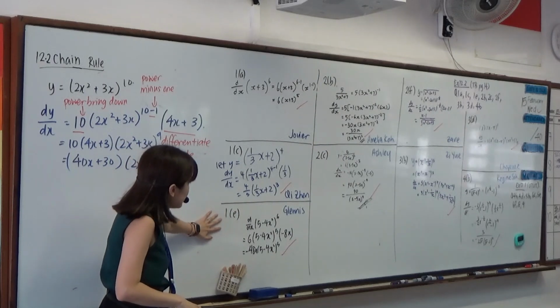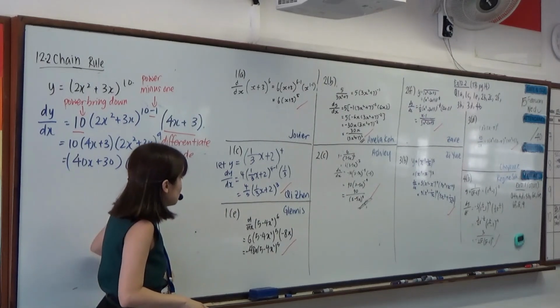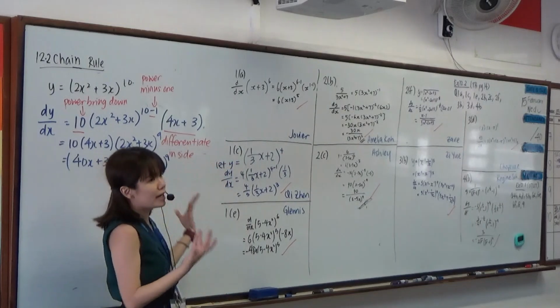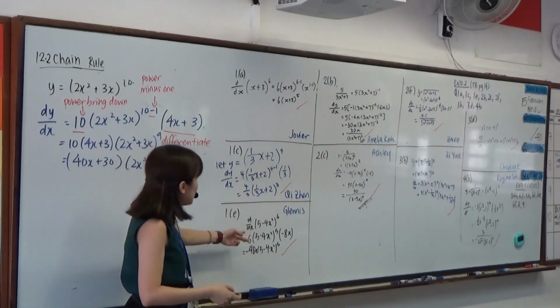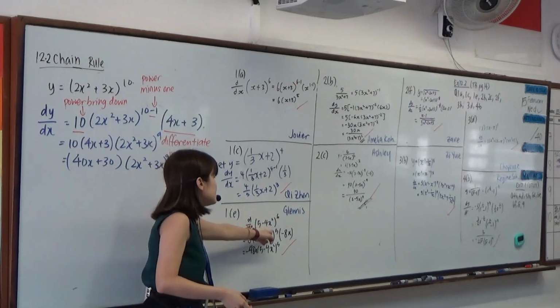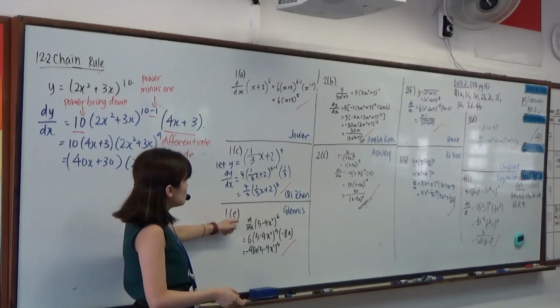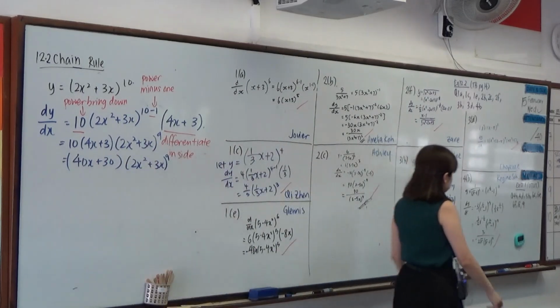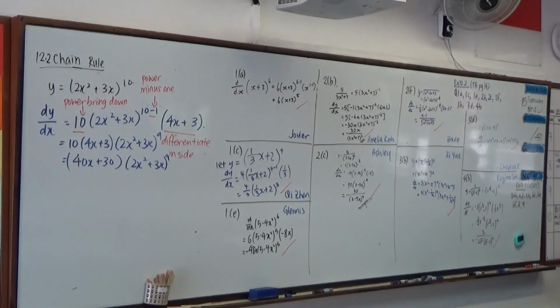Whereas for Glenys, what she did in a different way of presentation is that she decided not to let y equals something. She directly applied d over dx as an operator to 5 minus 4x squared to the power of 6. So putting d over dx in front is good enough as well. Those are the things I pointed out at the beginning of the differentiation chapter.